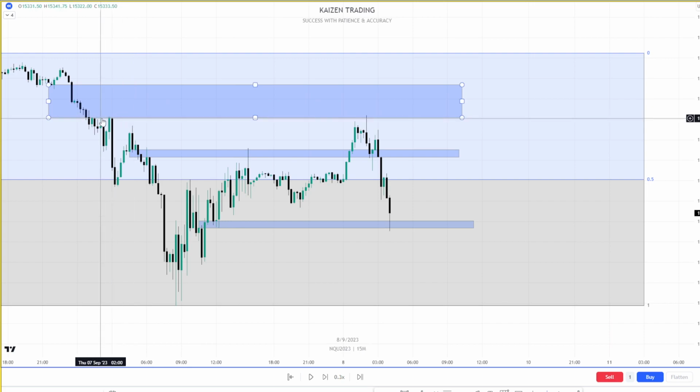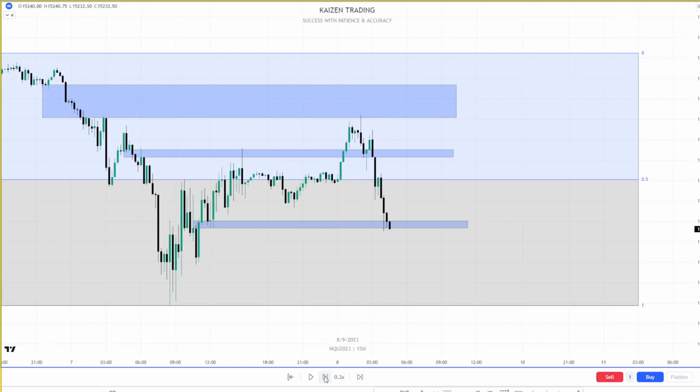And here we have a set of relative equal highs with an area that needs balancing and a swing high above that, as well as an area that can house liquidity. So let's take a look at how the market reacts.